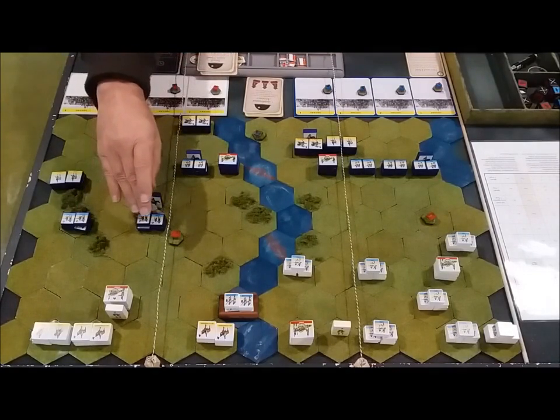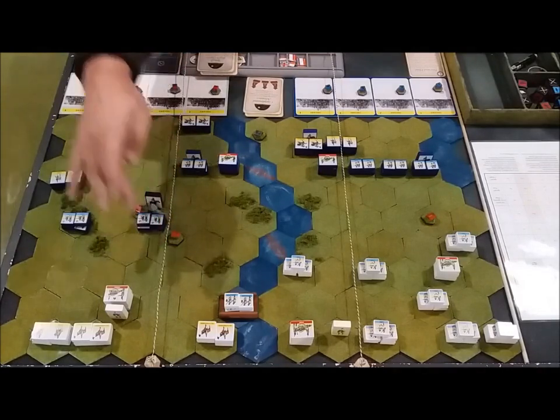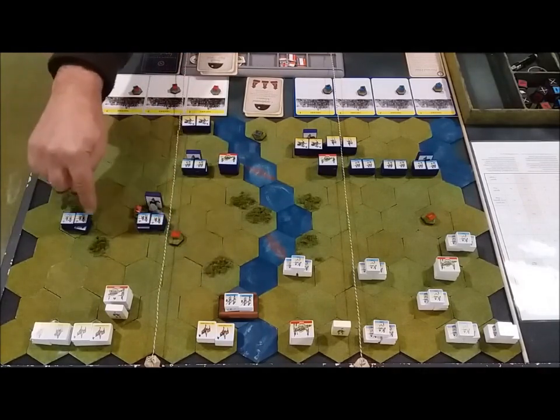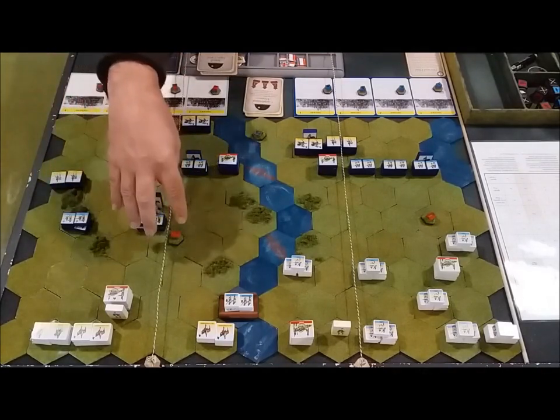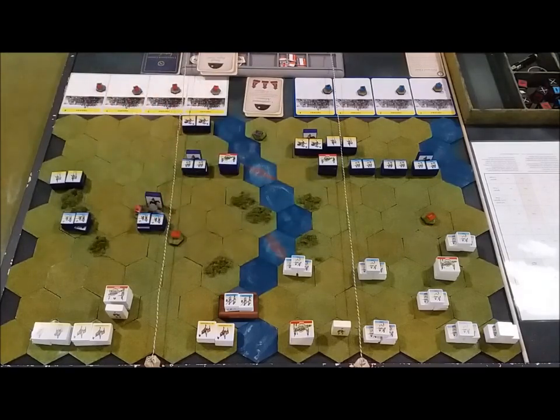Now, if I go to the right, I could move this line up into here, and then I could move this light unit into here. That's going to give me those two straight up. And if I can hold those at the start of next turn for the French, then that's going to give them one victory banner. So I could get away with a probe right flank over there.